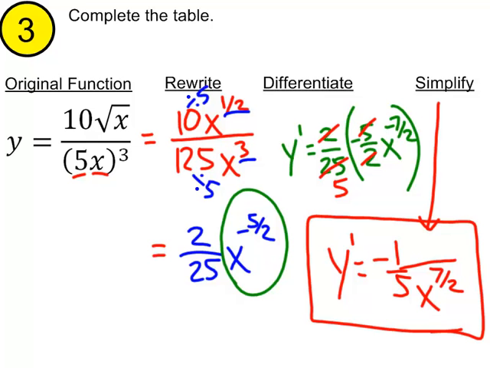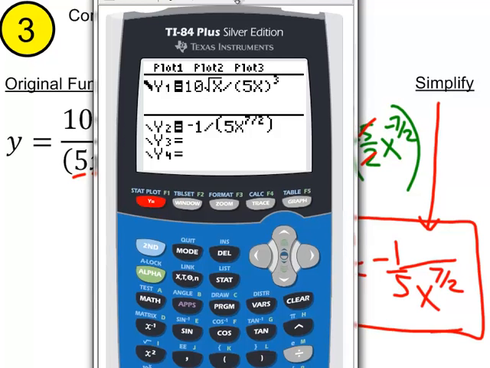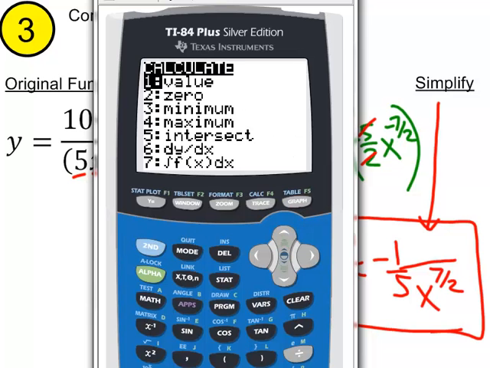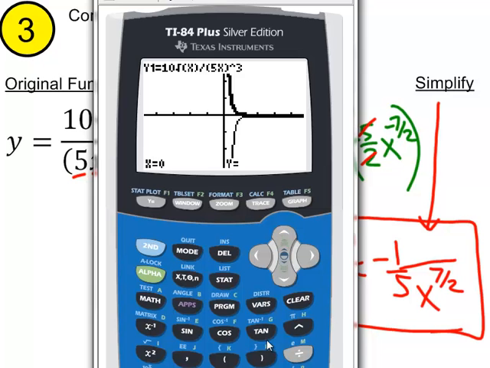If I want to check by calculator, I type the original function as y1. I type the derivative as y2. I'll go to graph here, and let's go to second calc number 6. Let's find the derivative of the original function. Let's say at x equals 1. And I'm getting negative 0.2, or negative 1/5.